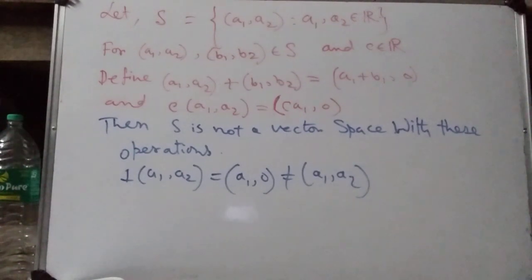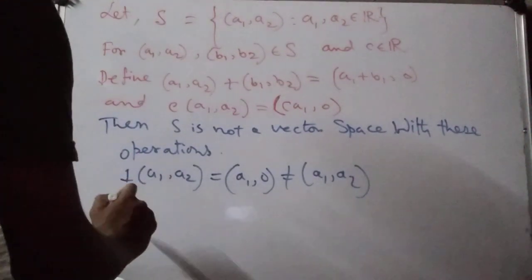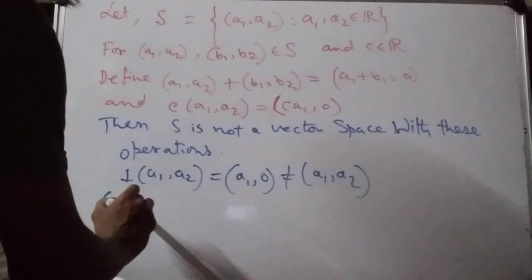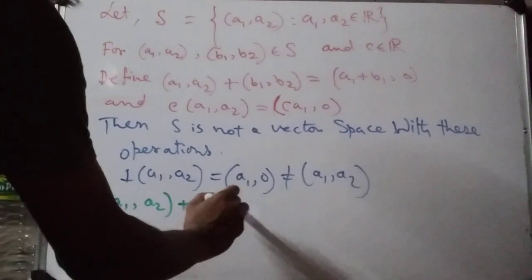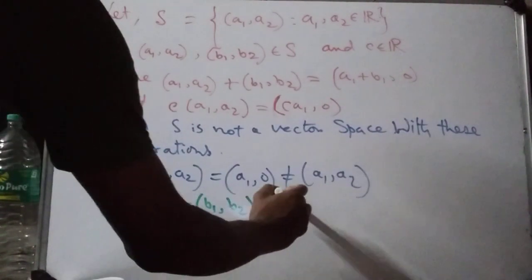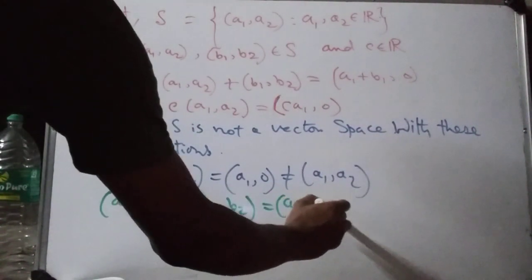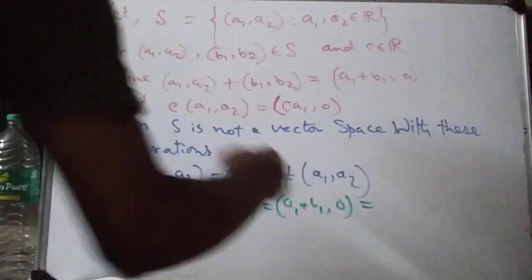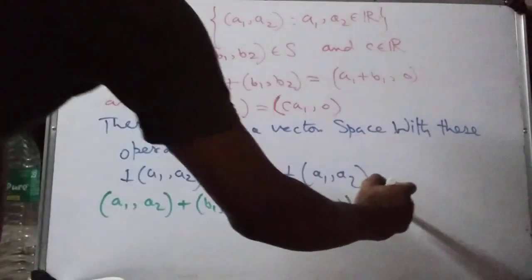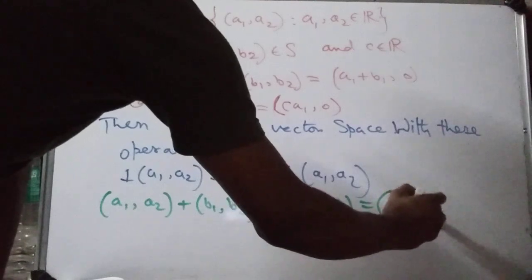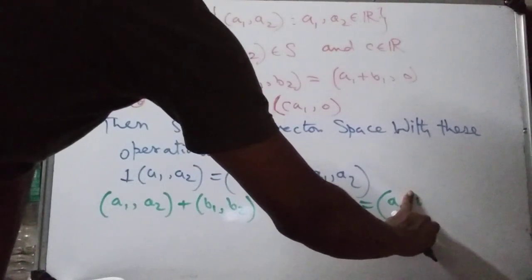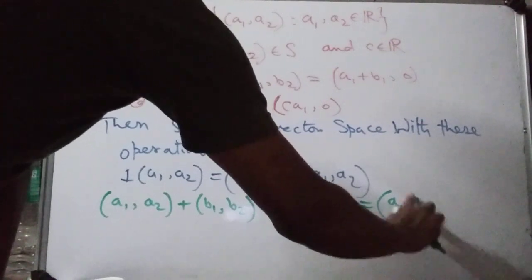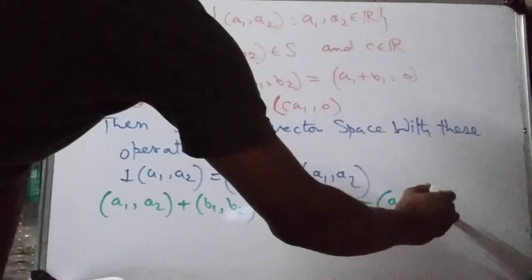In this way, (a1, a2) + (b1, b2) equals (a1 + b1, 0). But we need (a1, a2).